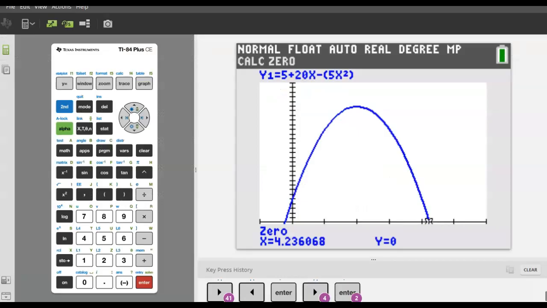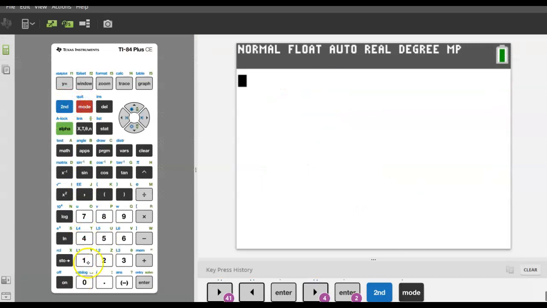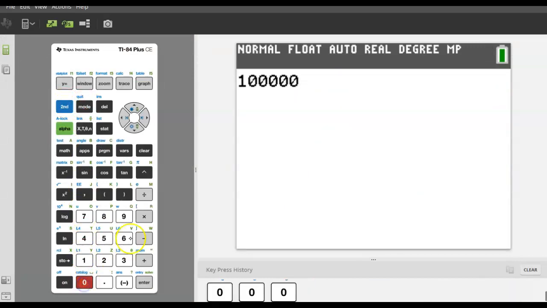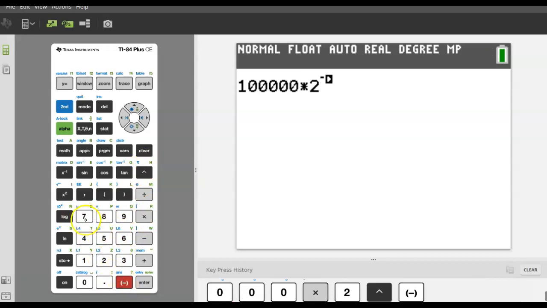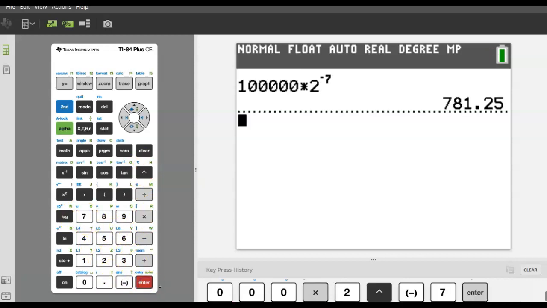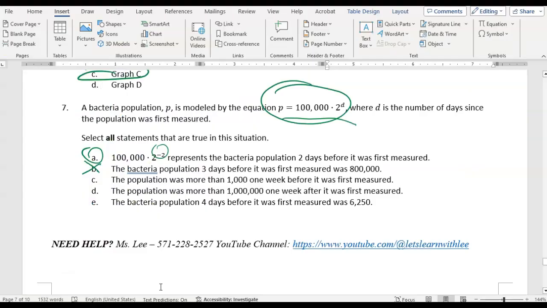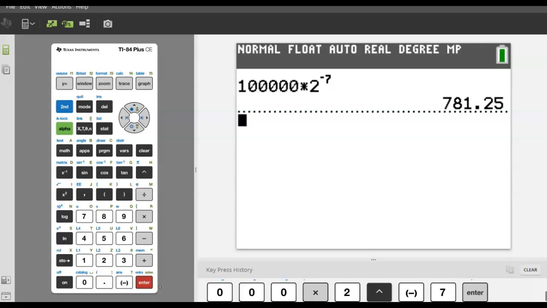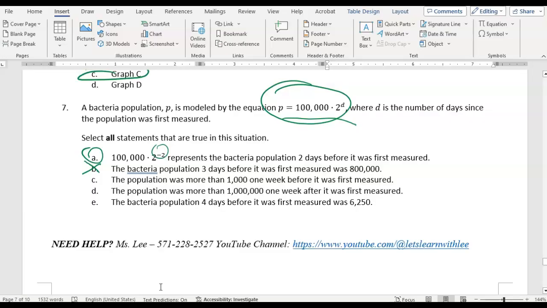So let's take a look at that. If we do 100,000 times 2 to the power of negative 7, we get 781. So it was not more than 1,000 1 week before it was first measured.